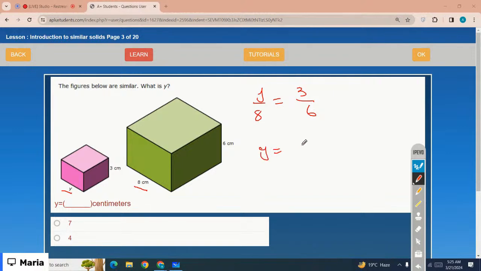So y equals 3 times 8 divided by 6. 3 times 1 is 3, 3 times 2 is 6, 2 times 1 is 2 and 2 times 4 is 8. So the correct option is 4 centimeter. Got it?